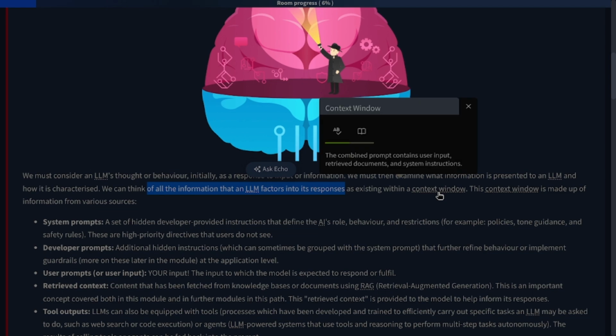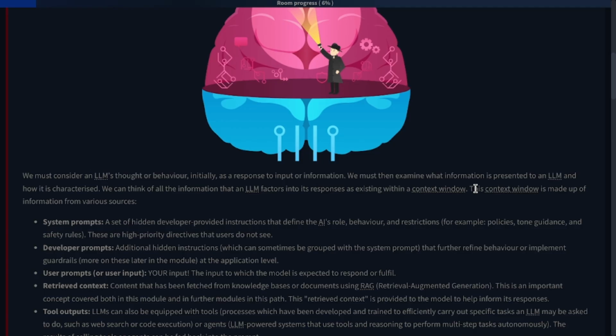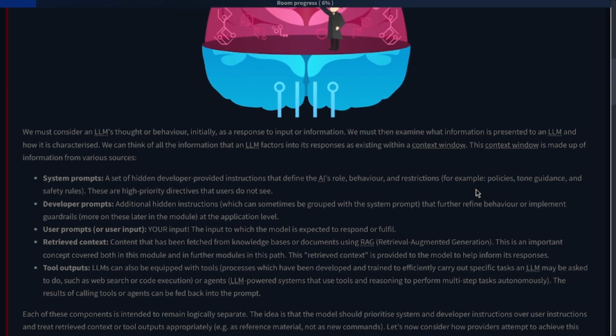In the previous room, we discussed that the context window is the combined prompt that contains the user input, the retrieved documents, and the system instructions given to the large language model. This context window is made up of information from various sources, and the system prompts are a set of hidden developer-provided instructions.